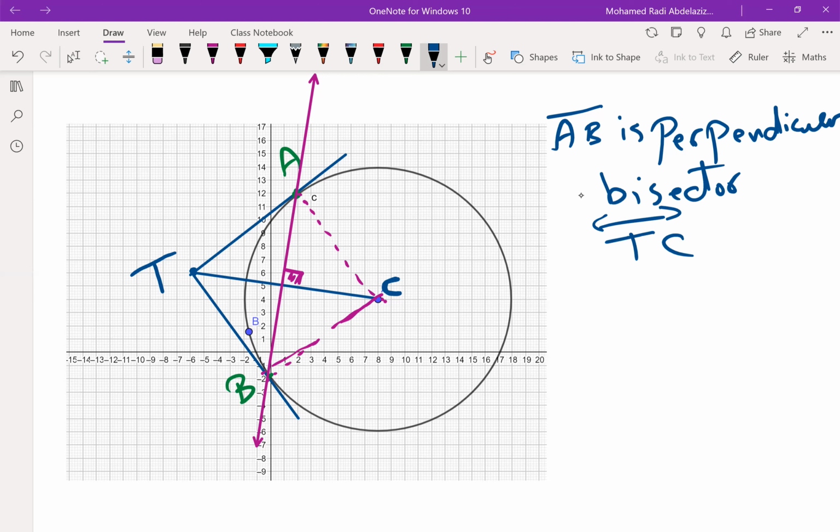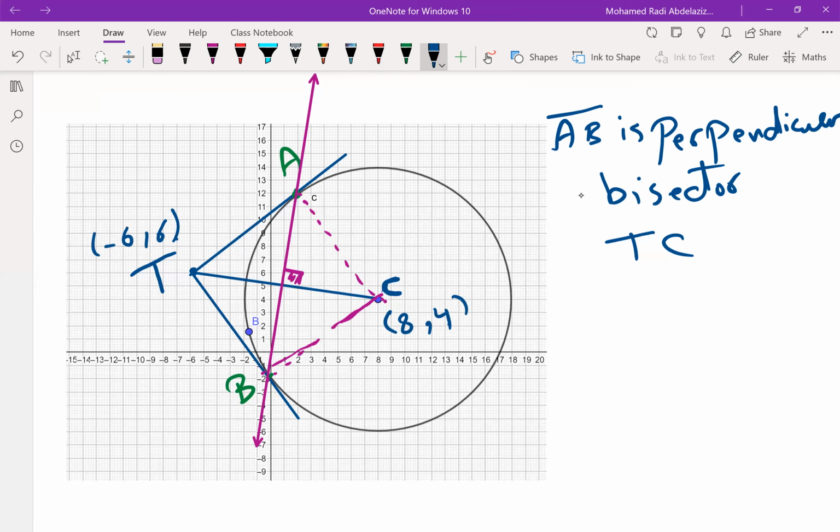How to get the equation of the perpendicular bisector? We need a gradient and a point. To get the point, you can find the midpoint of TC. C is (8, 4), T is (-6, 6). What about the gradient?